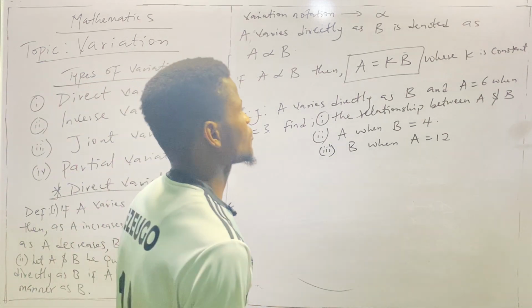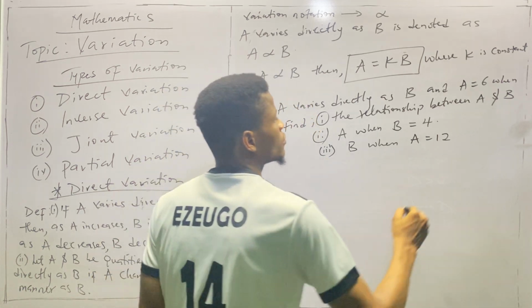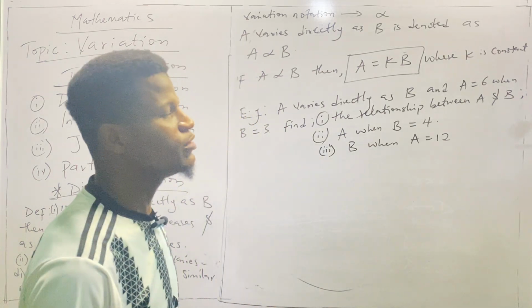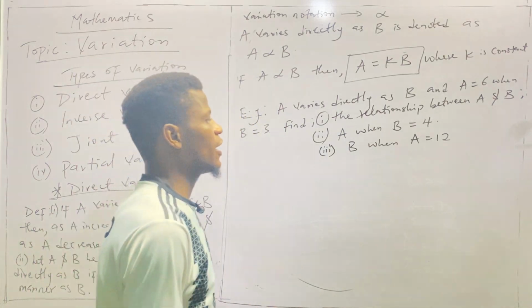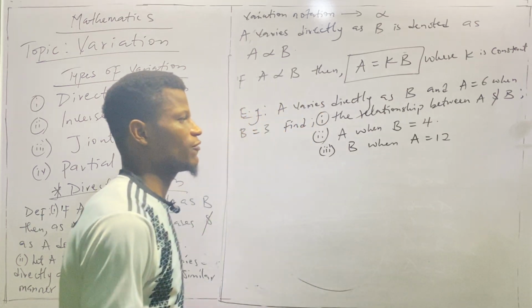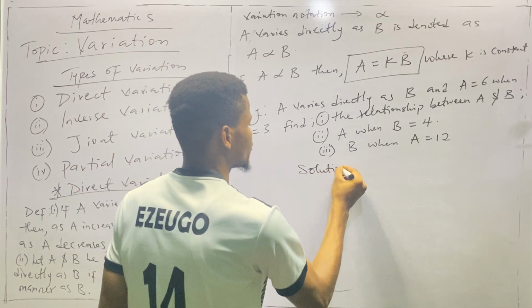Find, I, the relationship between A and B. II, A when B is 4. III, B when A is 12. All right? So let's get started.